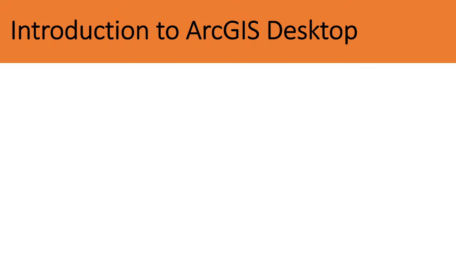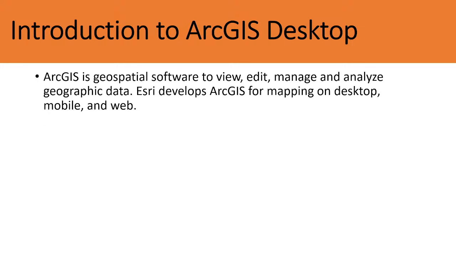So basically, we can use ArcGIS for this type of thing. First of all, what is ArcGIS? Mainly, ArcGIS is geospatial software to view, edit, manage, and analyze geographic data. So we use ArcGIS to view our data, then edit it, as well as manage and analyze our geographic data. Mainly, it's developed by Esri.